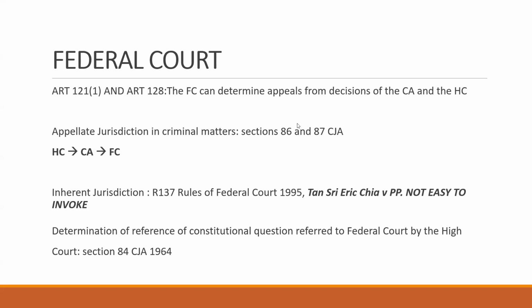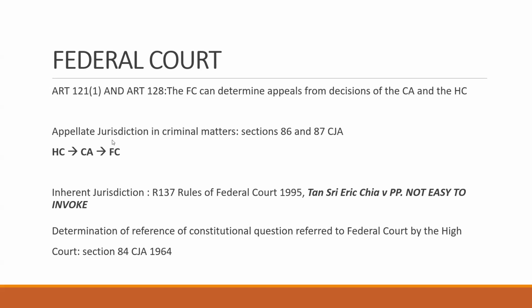Okay, so again, you need to use your section 86 and 87. So federal court, very simple, not to say very simple, they are all law lords, isn't it? So they are very expert in law. So they only hear matters coming from High Court as the court of first instance. Okay, only High Court, Court of Appeal, Federal Court.